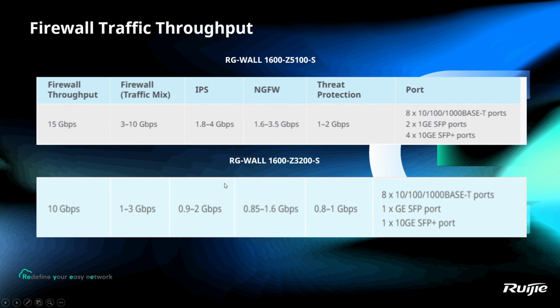Okay. Now the key difference between the two is in terms of the traffic or the firewall throughput. This is where we start noticing the differences. The ports are the same, but in operability and functionality, we get differences on the throughput. On the Z200S, you can do raw throughput of 10 gig.